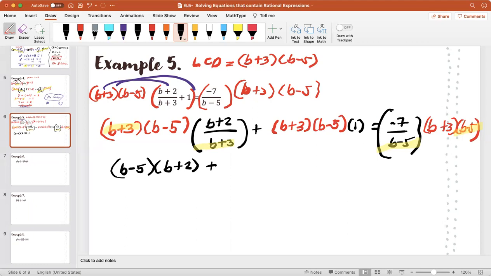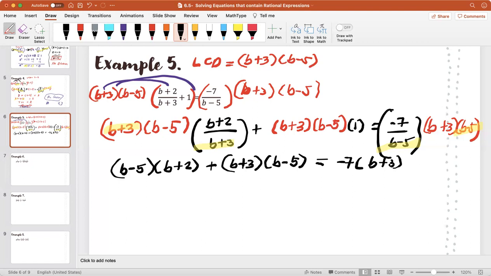But it's still the same, it's still b plus 3 times b minus 5. And the right side has negative 7 times b plus 3. Let's FOIL on the left. On the left we have b minus 5 times b plus 2.